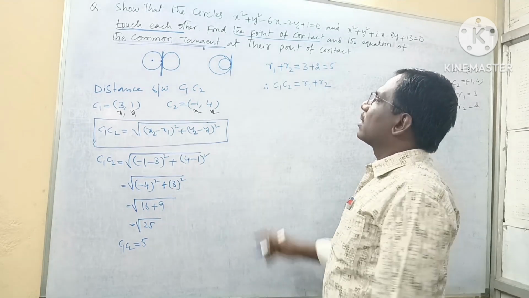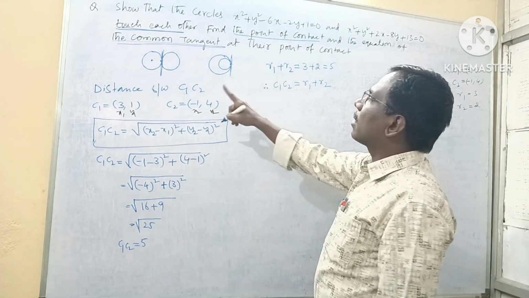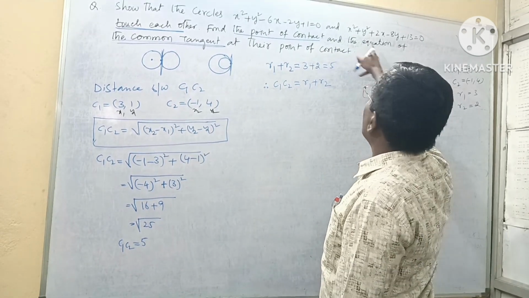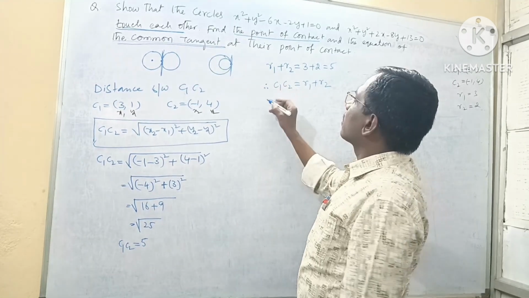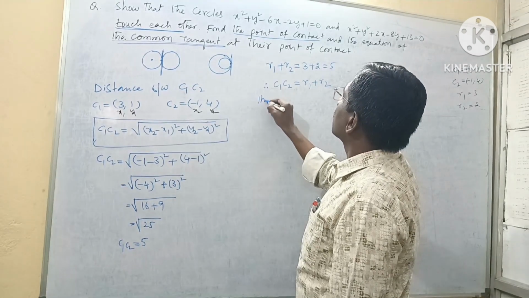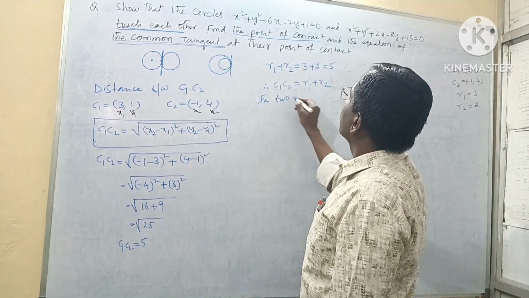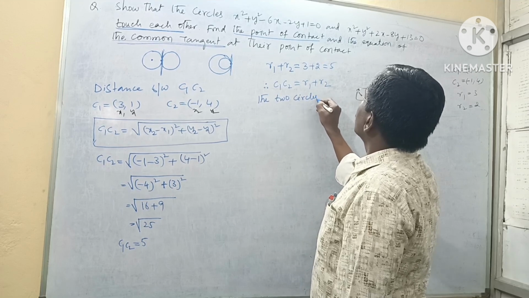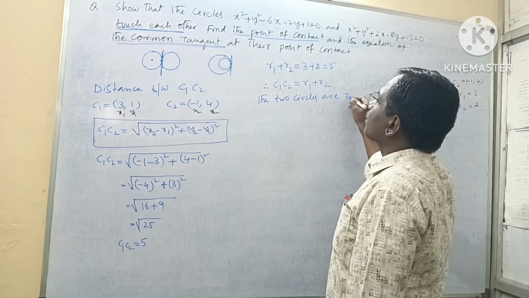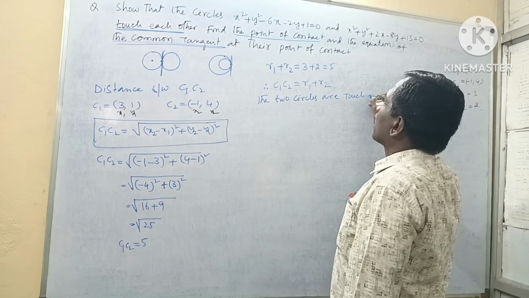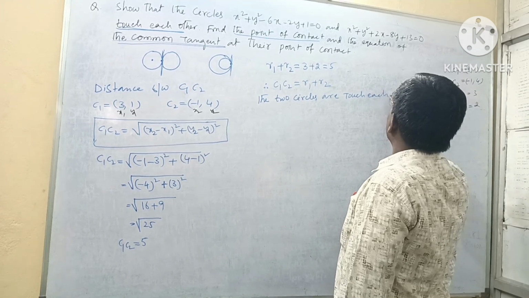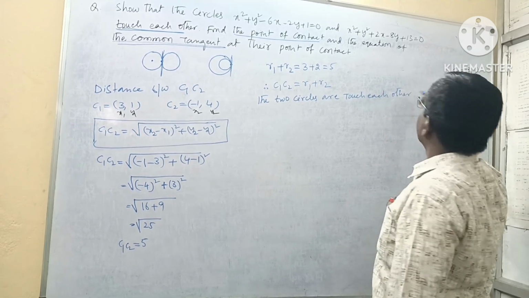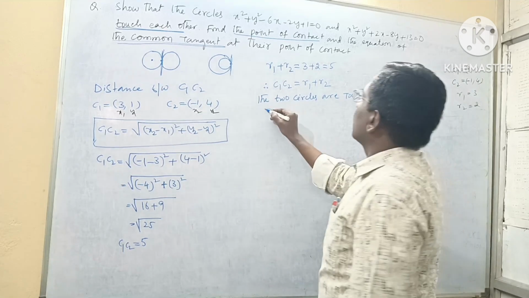So it means the two circles touch each other externally.